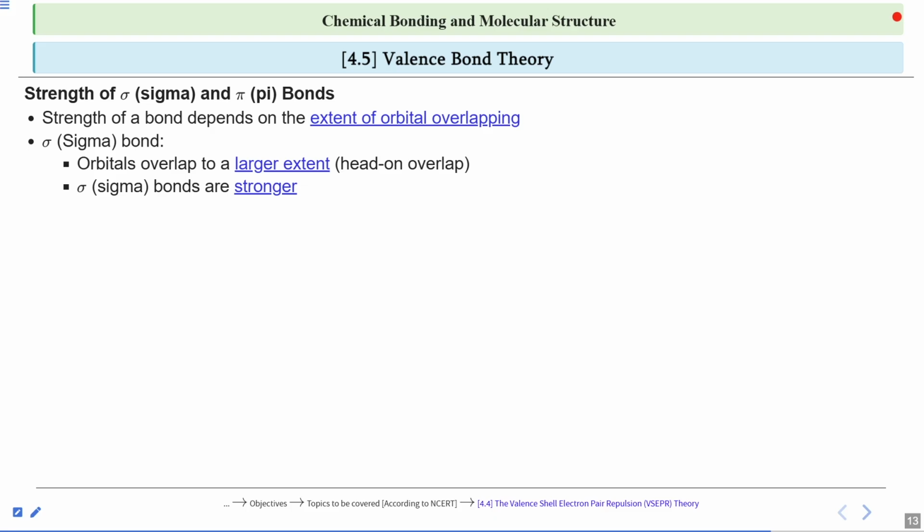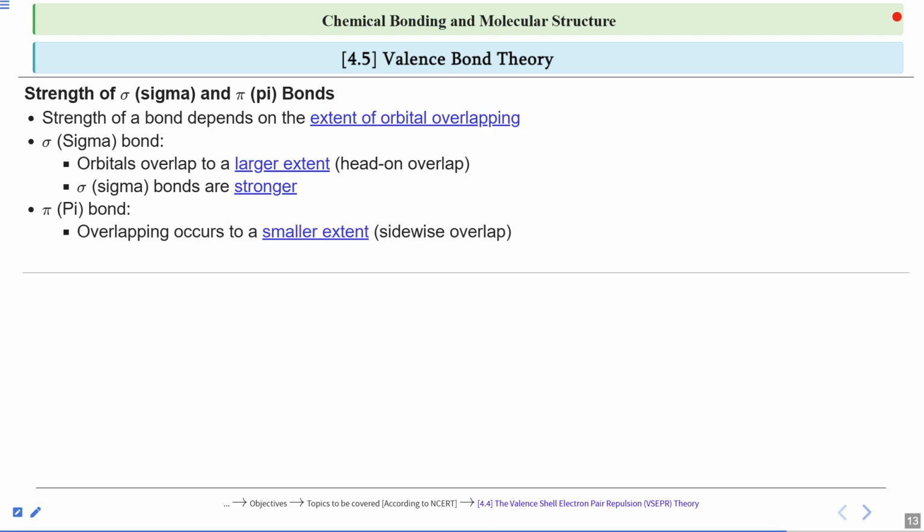Sigma bonds are very strong, due to this large extent of head-on overlap. Whereas the pi bond is formed by side-on overlap, and it is usually weaker than the sigma bond. So remember this point, it's very, very important: your sigma bond is always stronger than the pi bond. Okay, I hope this is clear to you.